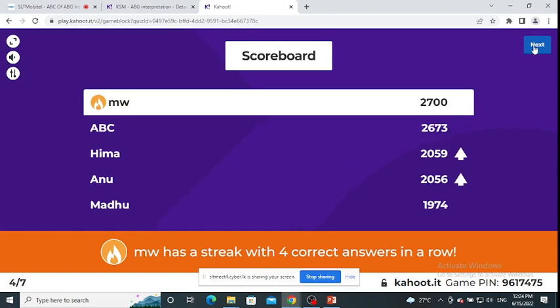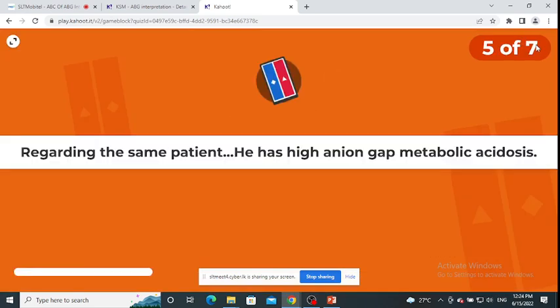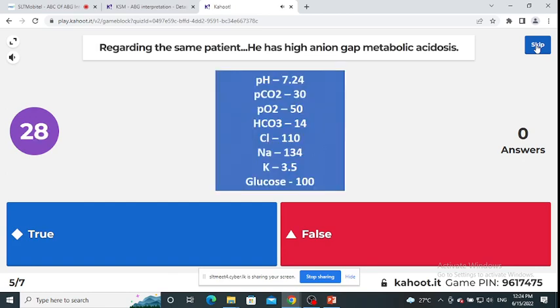MW. Right. Next one is a true false question. Regarding the same patient, whether that patient has a high anion gap metabolic acidosis. True or false?